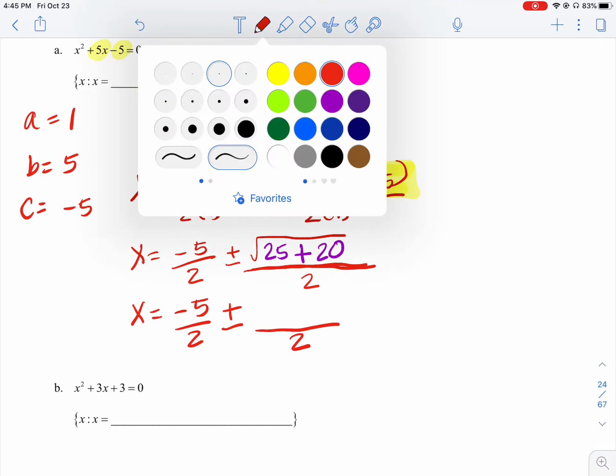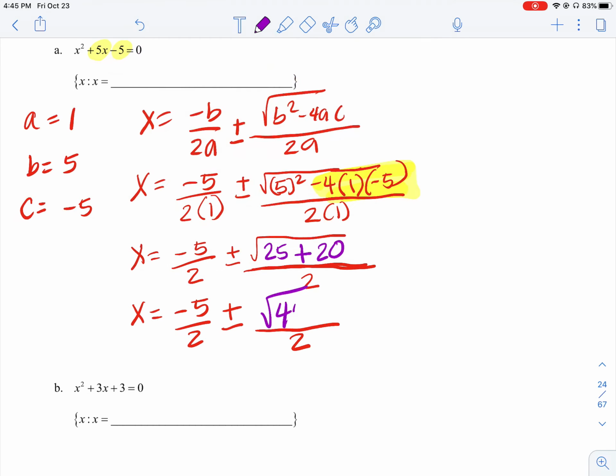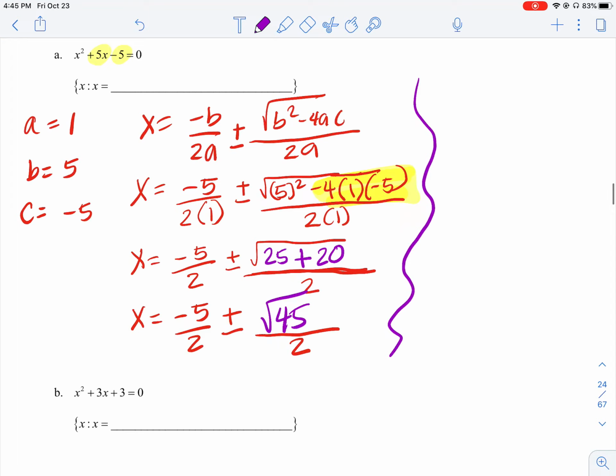And then let me do the square root of 45. Okay, our problem here is that 45 is not a perfect square, right? You know how if that was the square root of 36, my answer would have been a 6. But right now, 45 is not a perfect square.